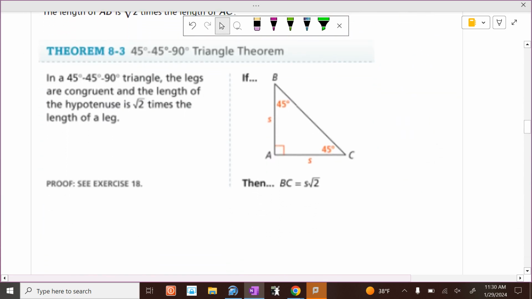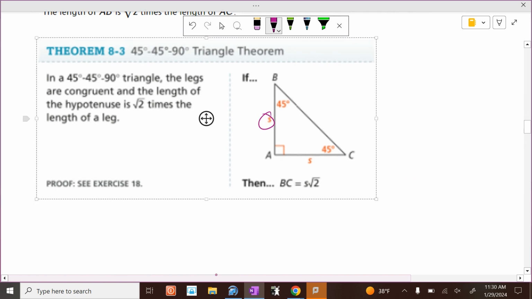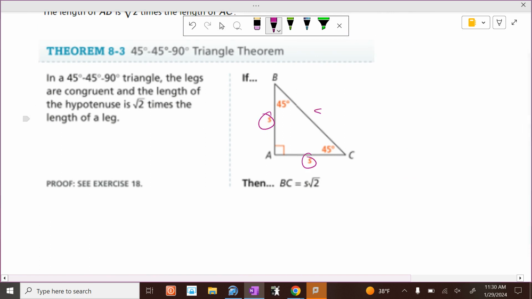Okay, 45, 45, 90. If you know the sides are S and S, the hypotenuse is S square root of 2. Or I would rather put X and X and X square root of 2. I don't like S because it looks too much like a 5.